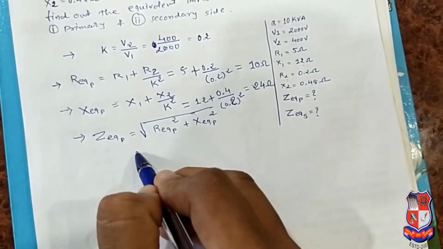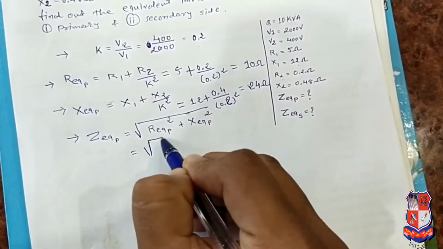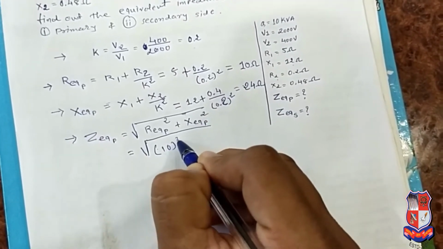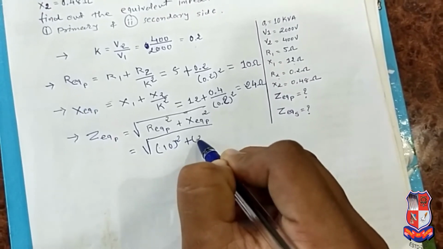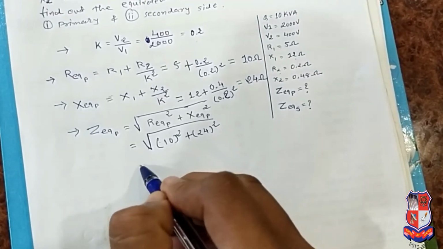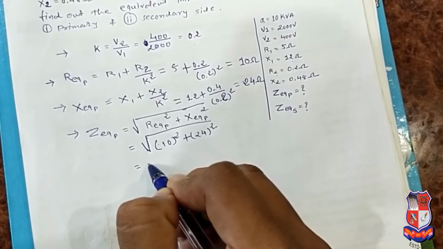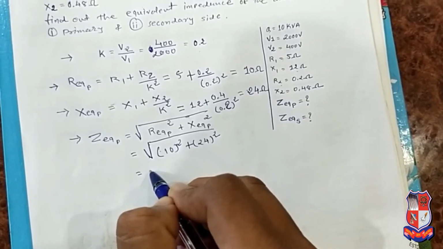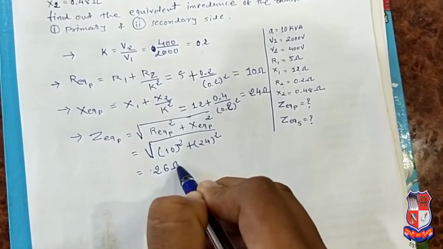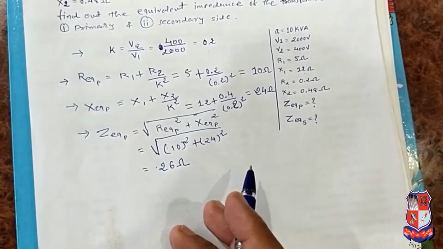Now put the values: 10 whole square plus 24 whole square. By solving this, we get the value of equivalent primary impedance. The answer is 26 and the unit is ohm. Now here we complete the first part of our example.